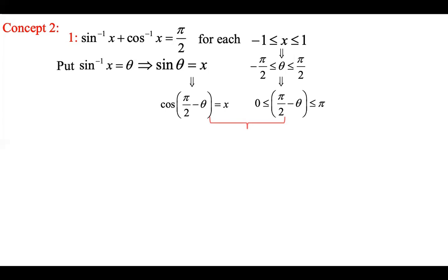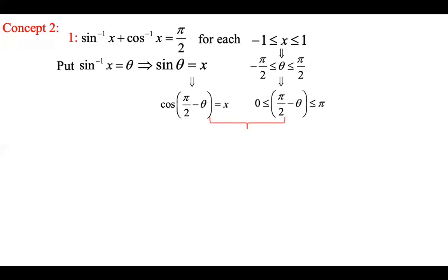So the angle on which cos is applied, pi by 2 minus theta, is perfectly in the invertible interval of the cos function, from 0 to pi.